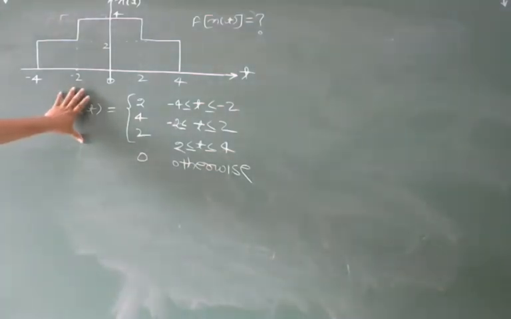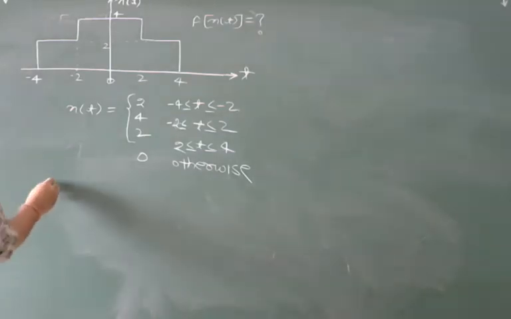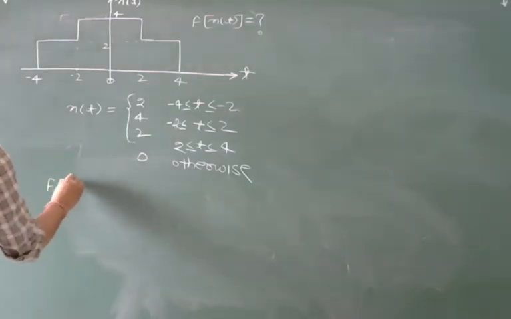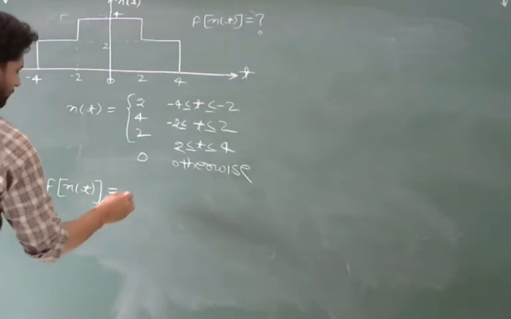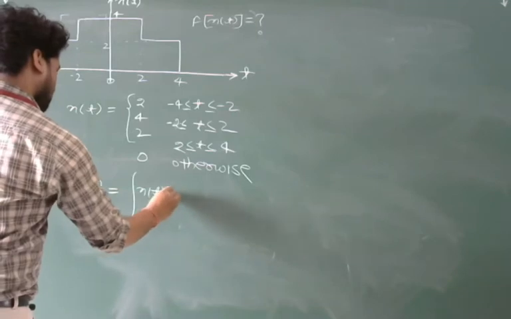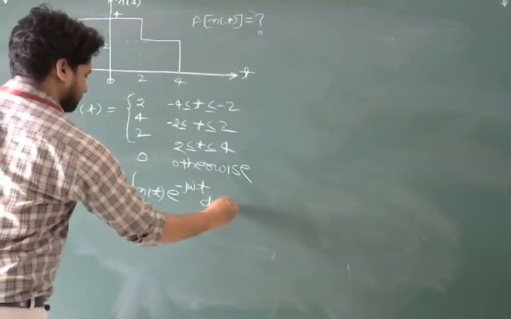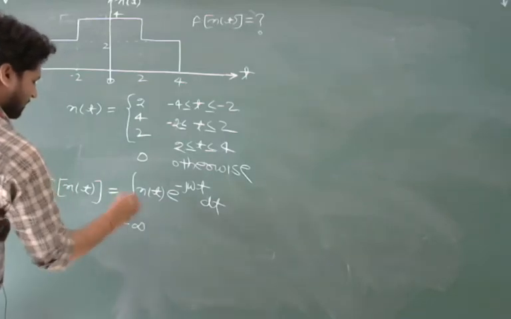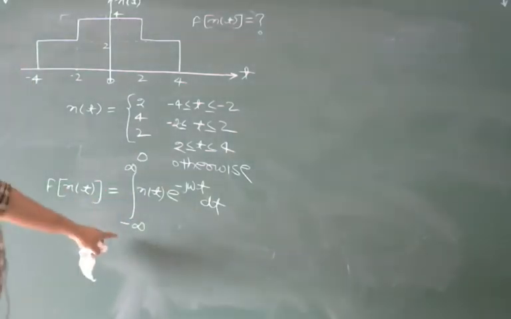By using this definition, we can apply directly the formula of the Fourier transform as F of x(t) is equal to integral of x(t) e power minus j omega t dt, where limit of integration is from minus infinity to plus infinity.